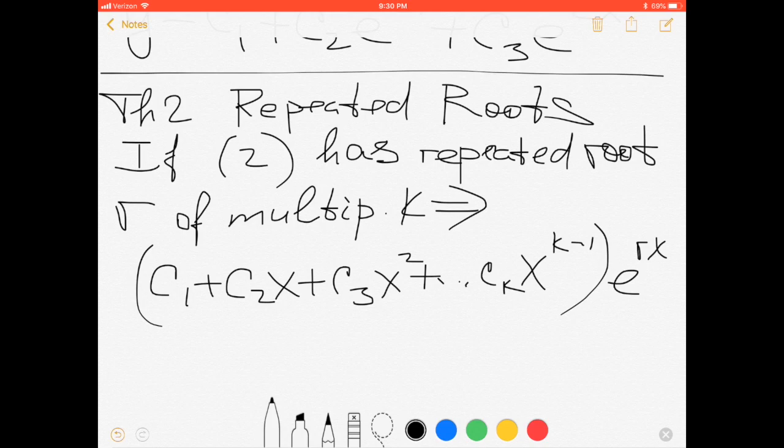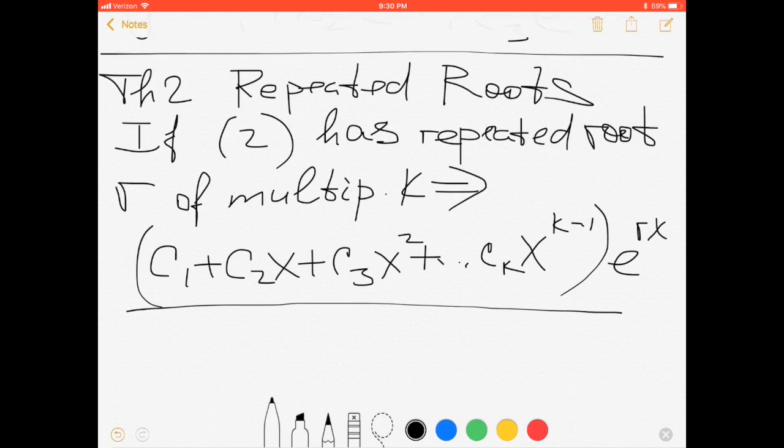One more time, this means the part of the general solution of our equation 1 corresponding to this root r, we can write in this form. Okay. Let's see some examples.